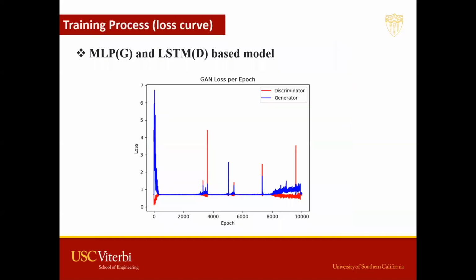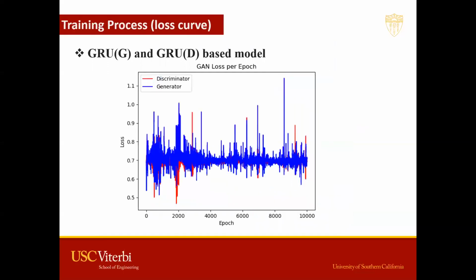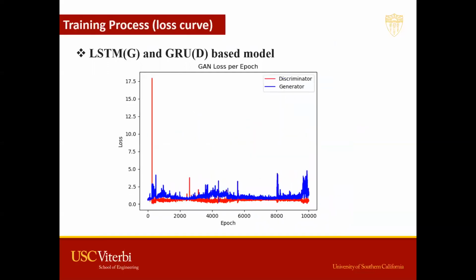Here are some training loss curves for different combinations of discriminator and generator. This is MLP plus GRU. This is GRU. This is LSTM generator and GRU discriminator. And you can see this loss function is balanced and steady all the time.